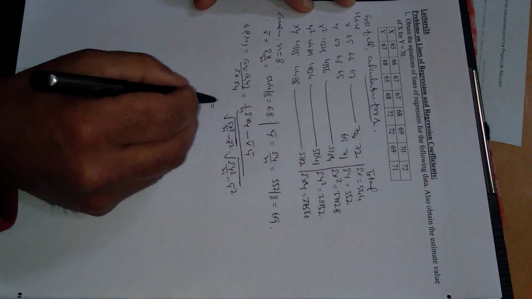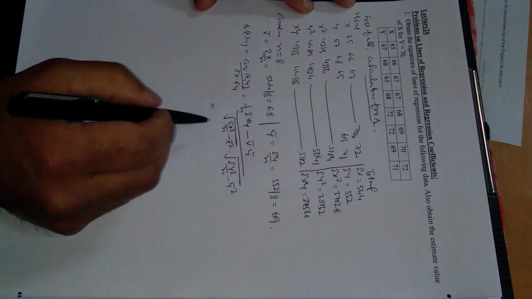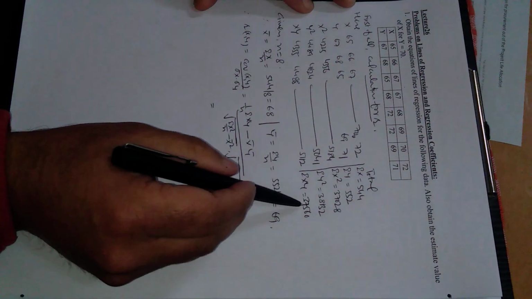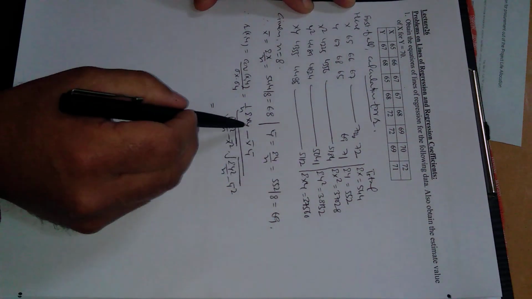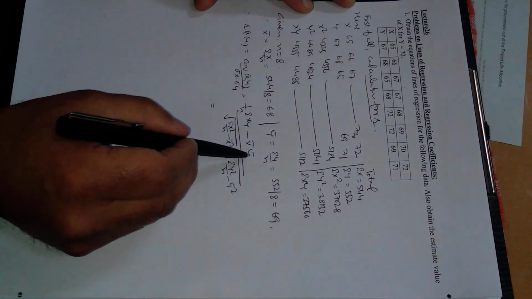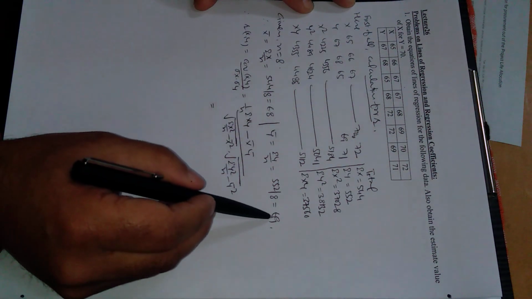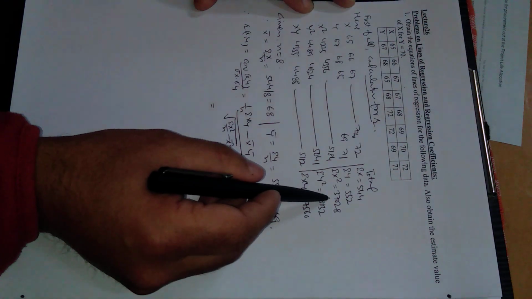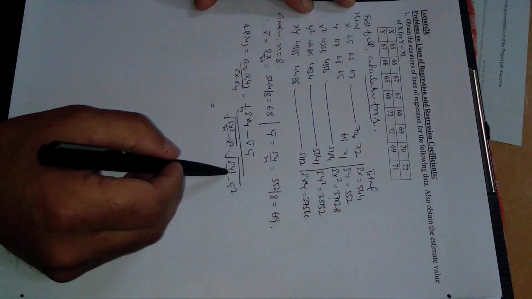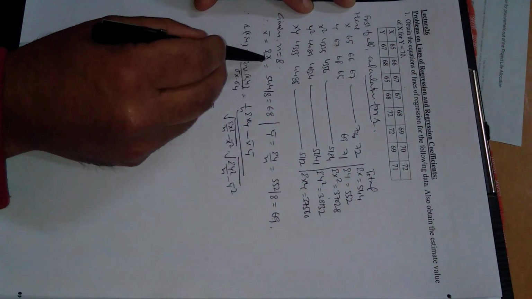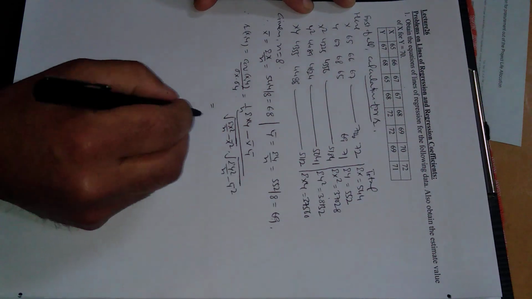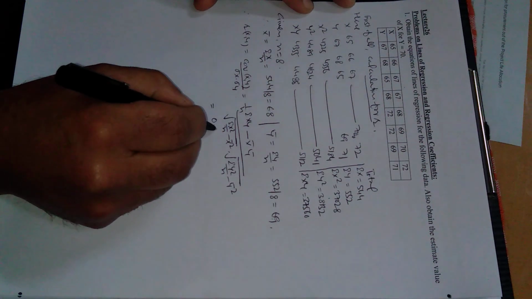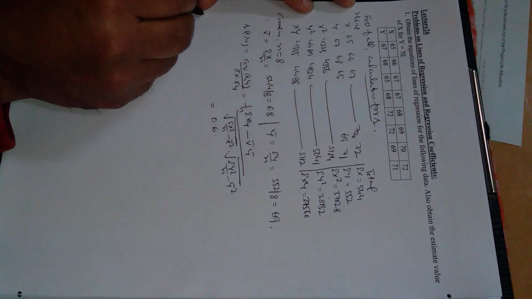If we simplify this by substituting the values, summation xy, n is 8, x bar is 68, y bar is 69, summation x square, summation y square, x bar square means 68 square, 69 square, this will come out to be 0.6.